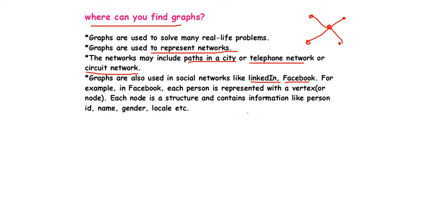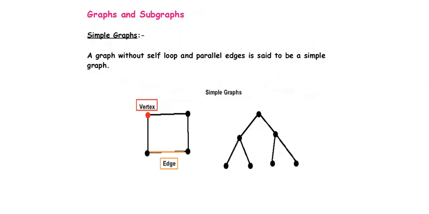Each node is a structure and contains information like person ID, name, gender, locale, etc. So a Facebook profile consists of structured information like a person, an ID and a name. These are also a collection of networks where we can find graphs.